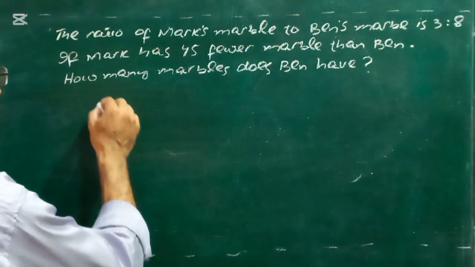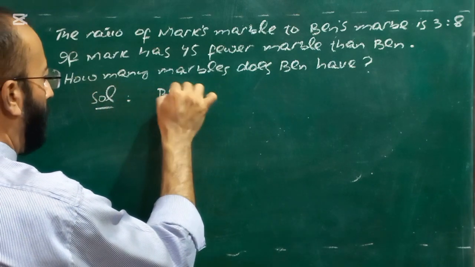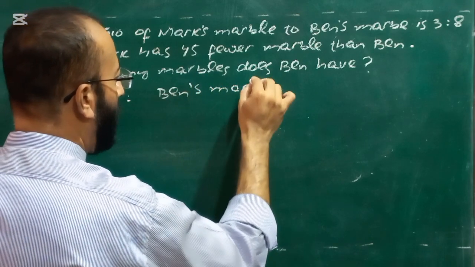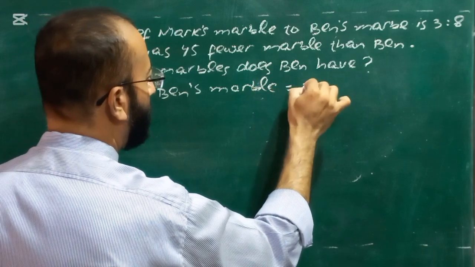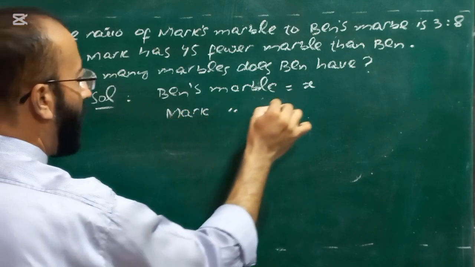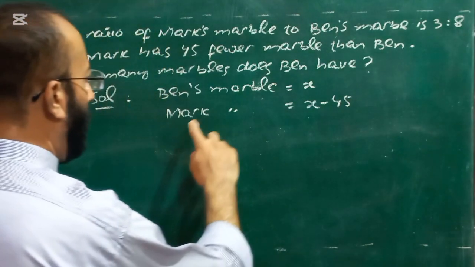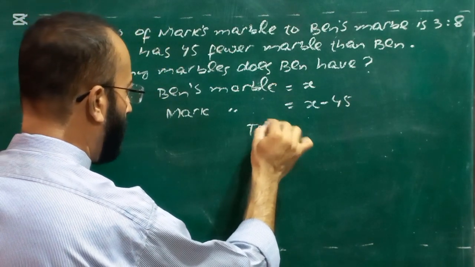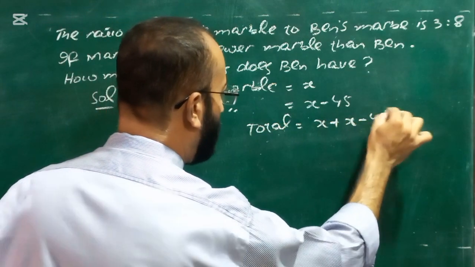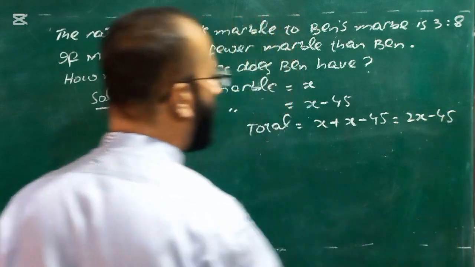Okay, because the requirement is Ben's marbles, let Ben's marbles be X. And because Mark has 45 fewer marbles, Mark's marbles will be X minus 45, and the total will be X plus X minus 45, that will be equal to 2X minus 45.